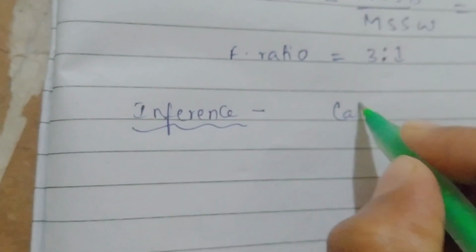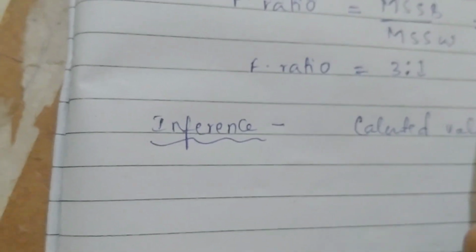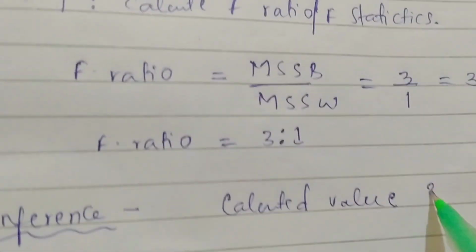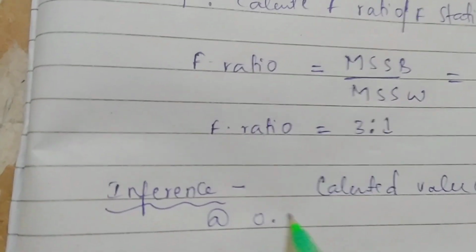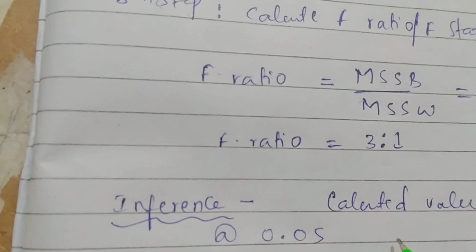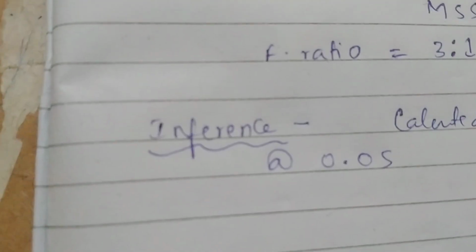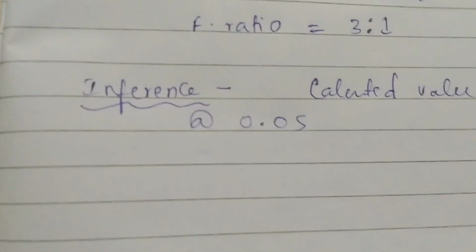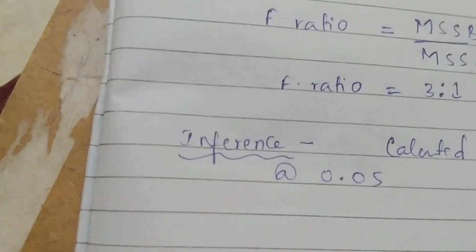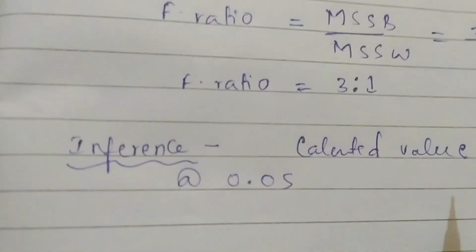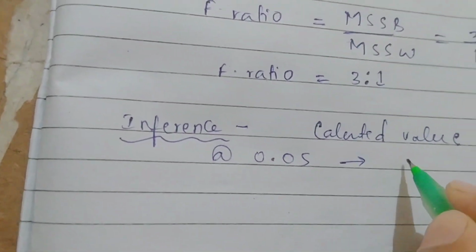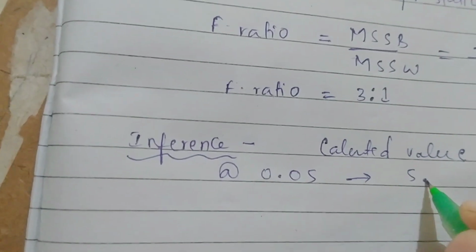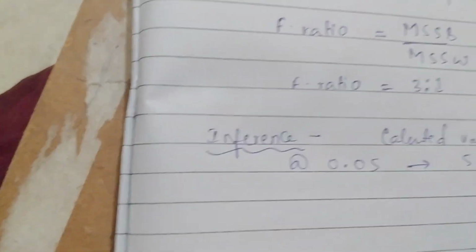Our F ratio calculated value is 3. So at the significance of 0.05 and at the degrees of freedom, between the groups is 2 and within the groups is 6, according to that we'll get the table value at the 0.05 significance level as 5.14.